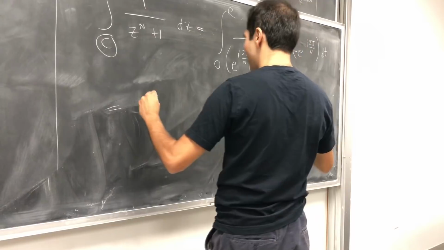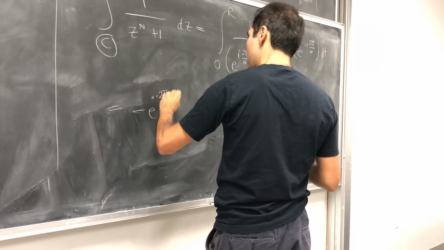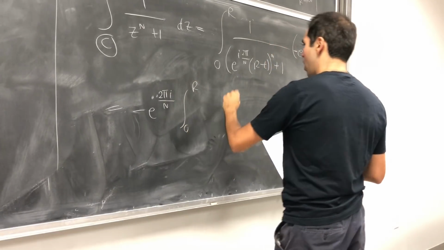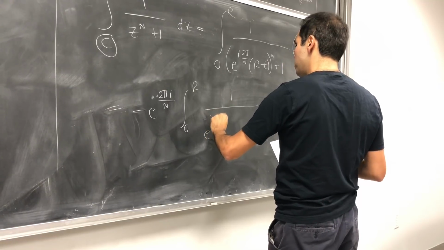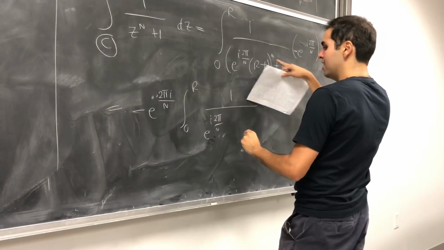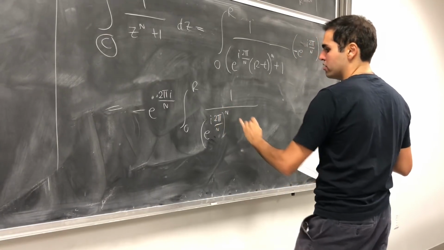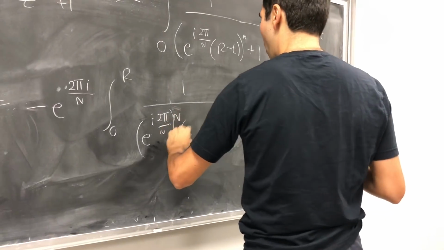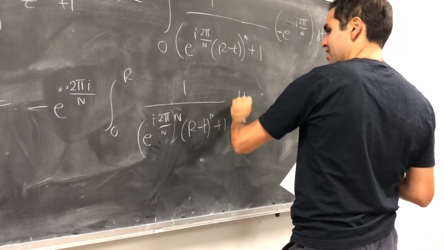So let's first of all factor out the e^(i2π/n), integral from 0 to r of 1 over e^(i2π/n) to the nth power, so in other words, times n, okay, and (r minus t) to the n plus 1 dt.